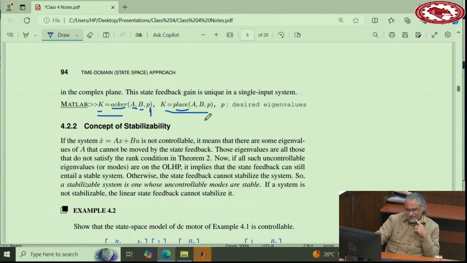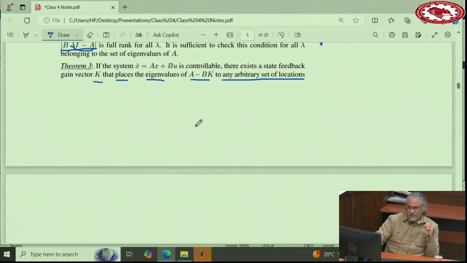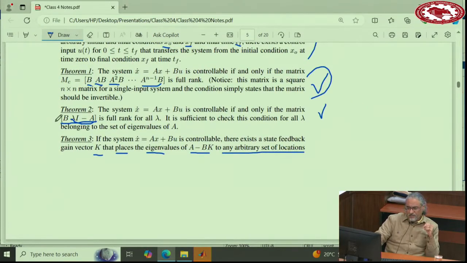Okay. Now, if there is one lambda for which the rank of this matrix is not full, that means that particular eigenvalue cannot be moved using a state feedback.